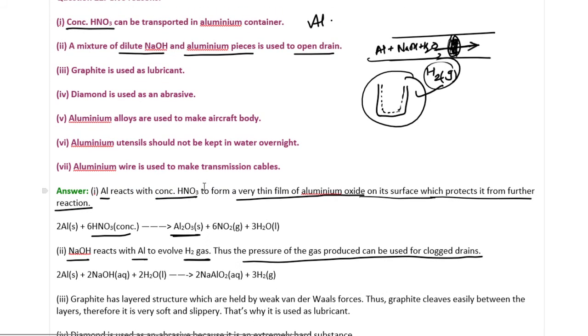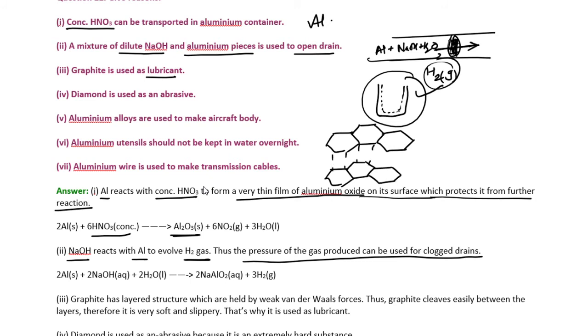Graphite is used as a lubricant. I told you in the previous questions that graphite has a hexagonal layered structure, and in between the layers there is van der Waals attraction, and that's why one layer can slip over the other.